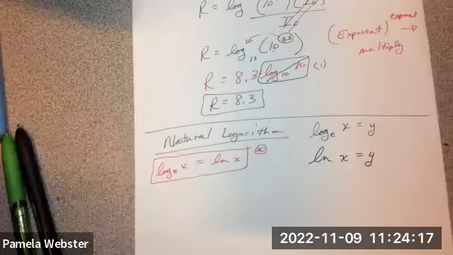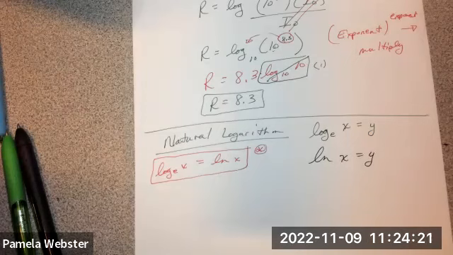Okay, so it's a natural logarithm. But the nice thing is these guys, they work just like everything else that we've been doing. So even if they have an ln, it doesn't matter. It's still log base e, and all the stuff applies just the same as what it has been.